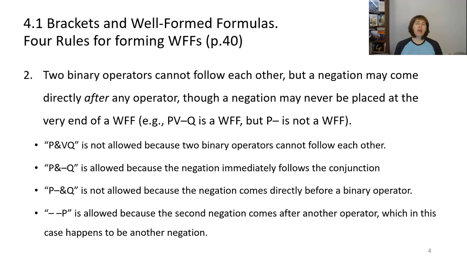Lastly, not not P, a double negation like that. This is allowed. Why? Because a negation may come directly after any operator, including another negation. So you can have not not P. That's fine. Right? You could have, we're not going to see it, a binary operator like and followed by two negations, and not not.